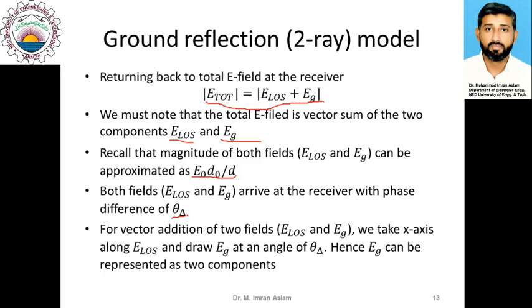So how can we add these two fields, because we need to have a vector addition for these two. So a simple case is to plot them vectorially and resolve them into their x and y components. So let us take the x-axis in such a way that the LOS field is along the x-axis. Therefore EG, the ground deflected field, will be at a different angle, which is given by theta delta.